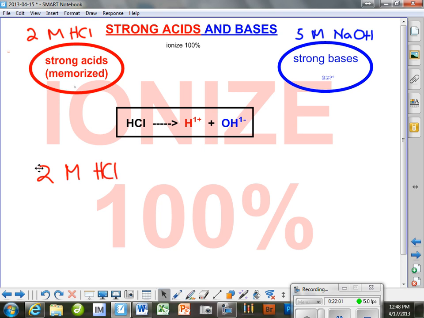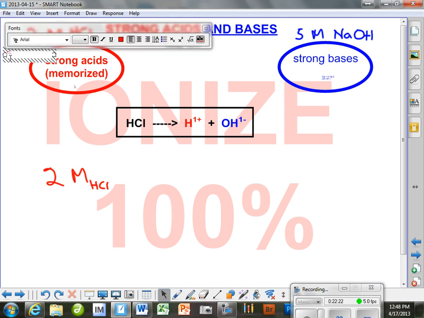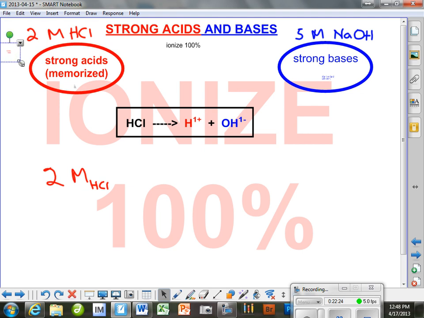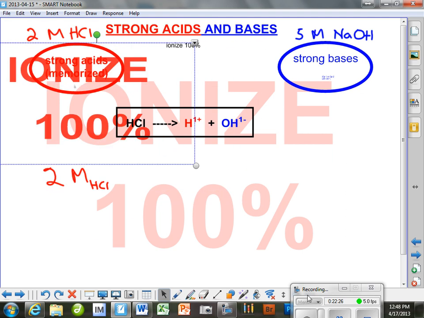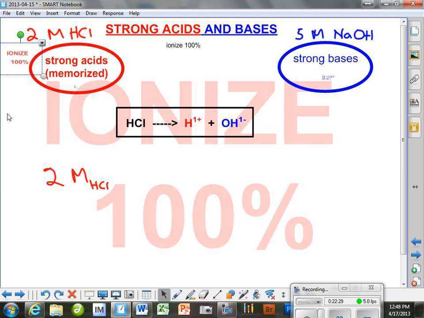The way we write that when we're doing problems is 2 molar HCl. Now, because we know that it's going to ionize 100%, right?